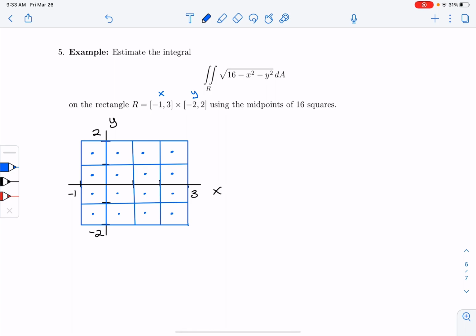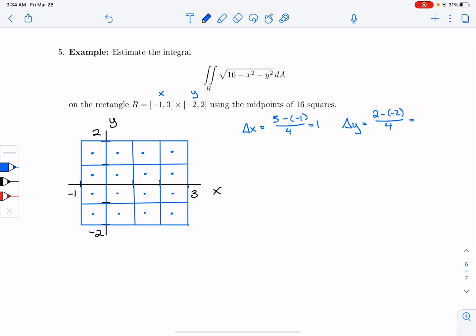So in this case, we need to look at the widths of these squares. So delta x is going to be 3 minus -1 divided by 4, or 1. And then delta y is going to be 2 minus -2 divided by 4, because we have 4 squares going up and down.